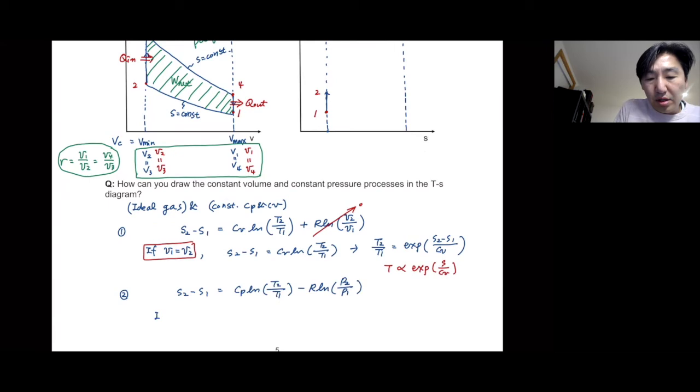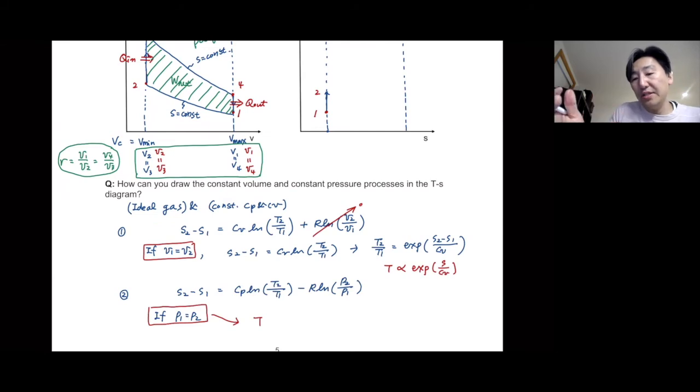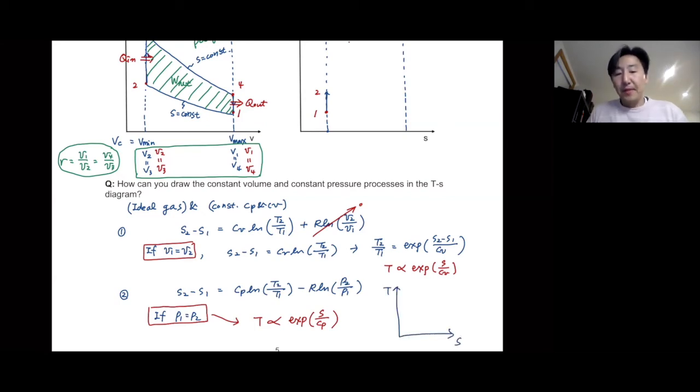Now, if P1 is the same as P2, so a constant pressure process, then with the same kind of procedure, we can conclude your temperature in the TS diagram should be proportional to exponential S over Cp. Now, in the TS diagram, if you try to draw the constant volume curve and constant pressure curve, they should show us a certain exponentially increasing trend.